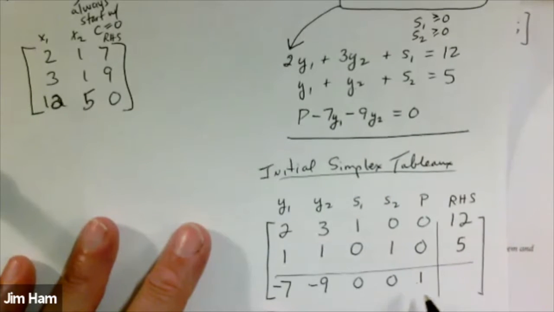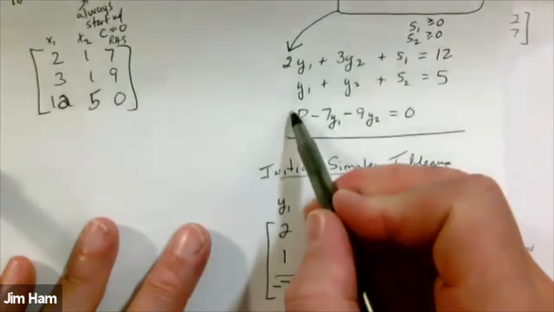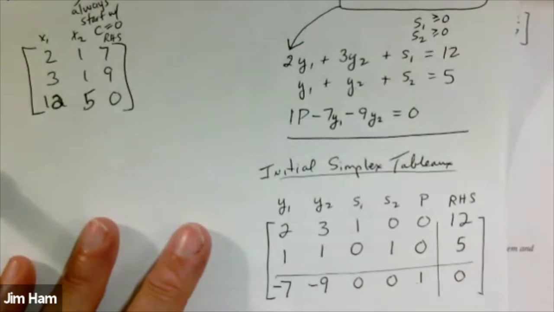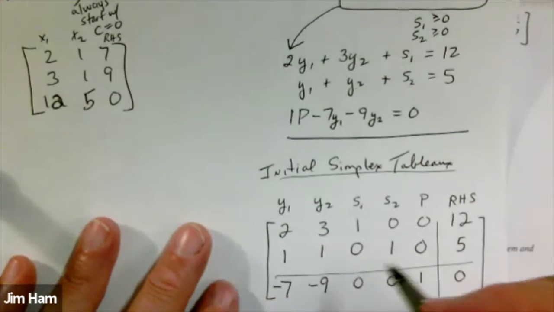That's 1p1. Some of you were missing this guy, so make sure you put 1p1 there. And then 0 on the right-hand side. And this one will always be 0 when you set this problem up. Okay, so this is the initial simplex tableau.